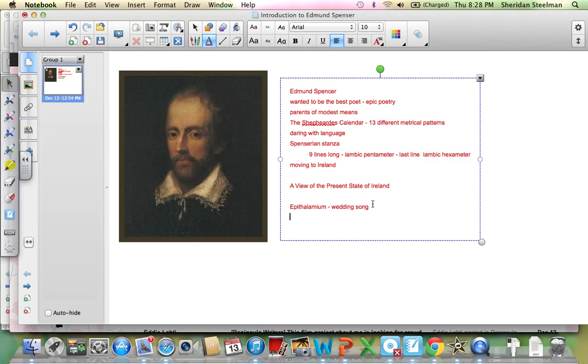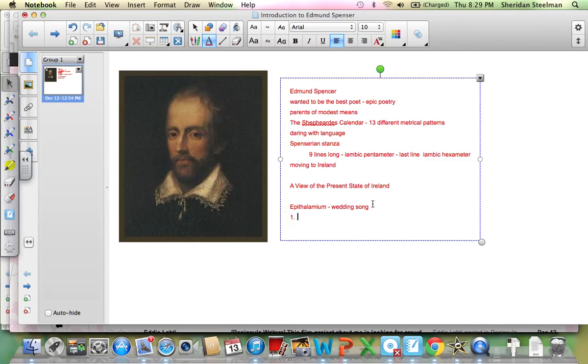This is a wedding song that's written in 5 parts, and I believe in class I mentioned that E. E. Cummings also had written an epithalamium. It was actually one of the first poems that he was paid for writing by his best friend. He wrote a wedding song for his best friend and his new wife, which was read at the wedding.